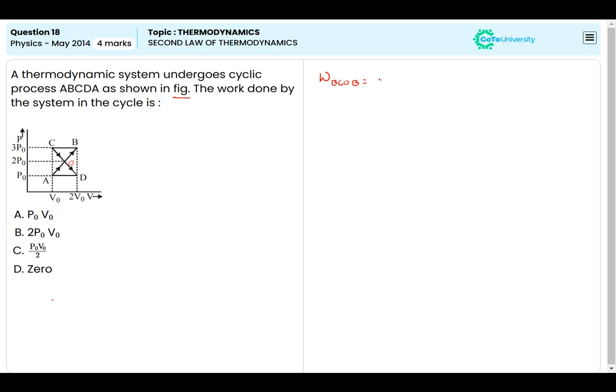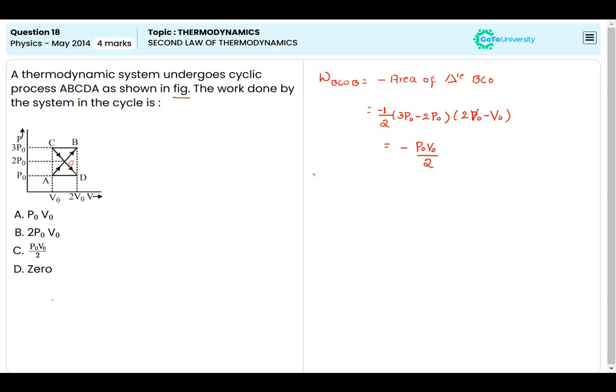Then we can write it as minus the area of triangle BCO, which is equal to minus 1 by 2 times (3P0 minus 2P0) into (2V0 minus V0), which gives minus P0 V0 divided by 2.